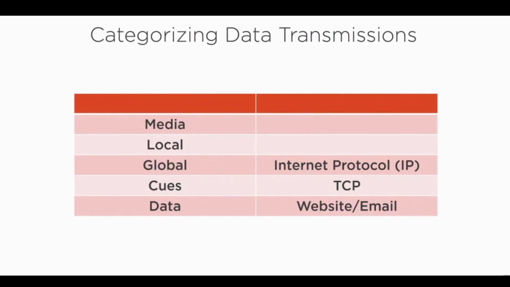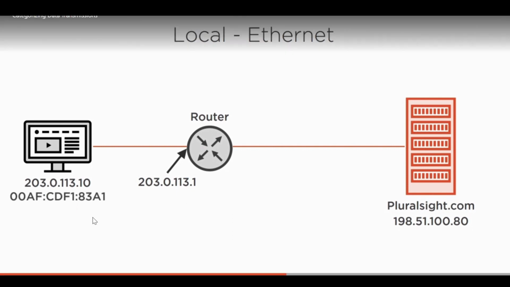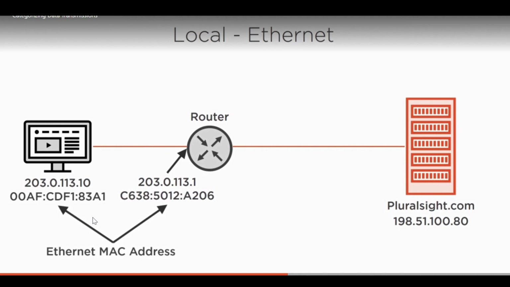Let's go on to the next layer, which is our local layer here. And in our local layer, when we had a conversation, we were using our names. Here, we're going to use something called Ethernet. In Ethernet, we need local addressing. The local addressing we use in Ethernet is something called a MAC address.